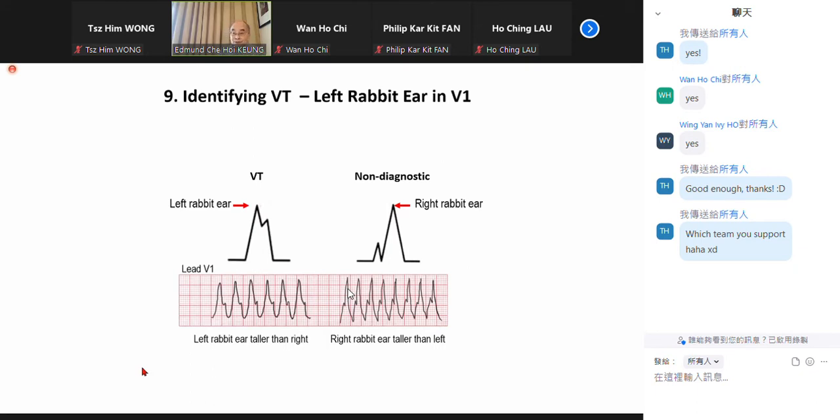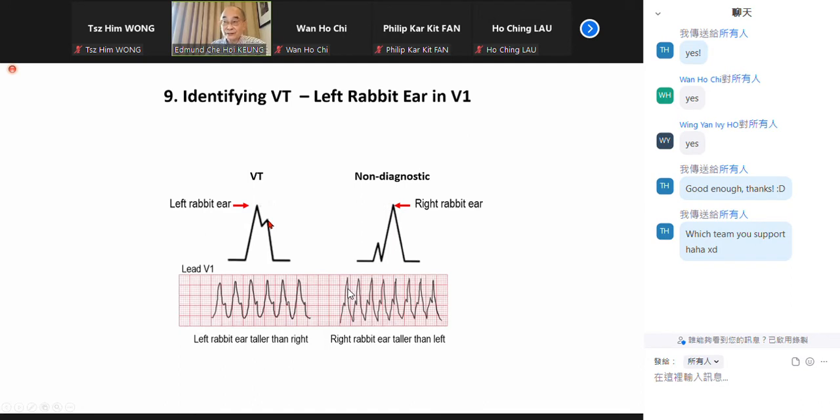If you see this right conduction delay pattern in most VT, you can see an RSR prime like a right bundle. Okay? Now, sometimes like the second one, it can be all the way down here, so you have to look. Okay. Now, if the left rabbit ear is taller than the right, okay, then it's VT. Now, to help you memorize this rule, is the first peak taller than the second peak.